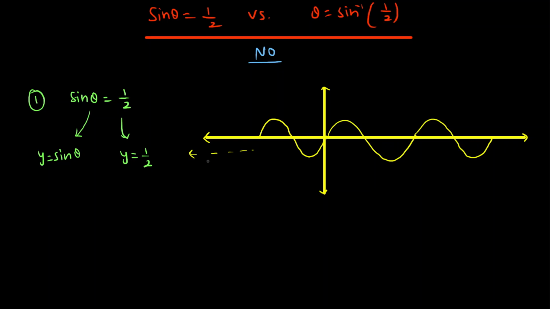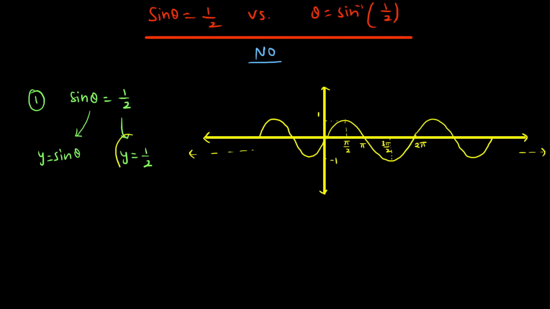This will continue till negative infinity and this will continue till positive infinity. We know that the maximum value of sine is 1. Here we have pi over 2, here we have pi, here we have 3 pi over 2, and here we have 2 pi. All right, and of course the minimum value is negative 1.